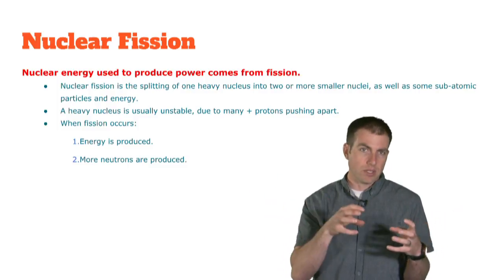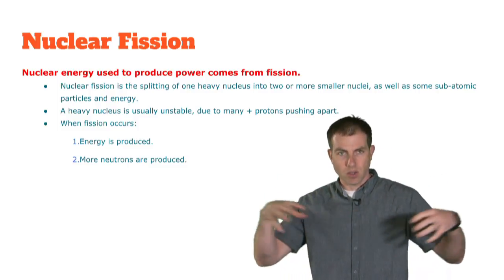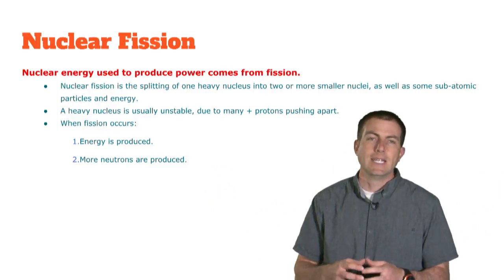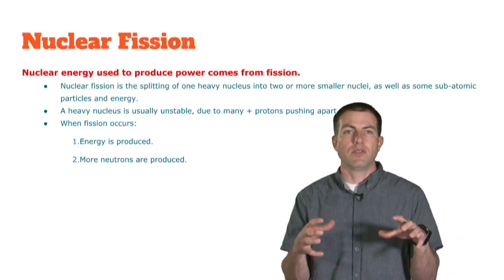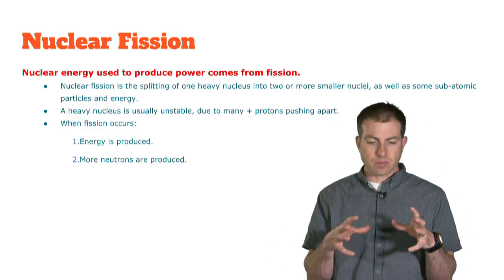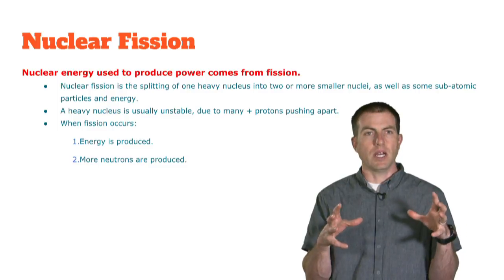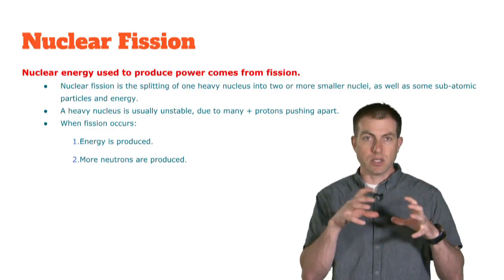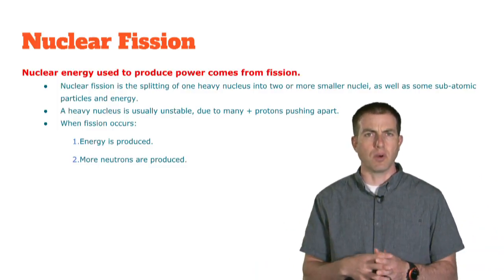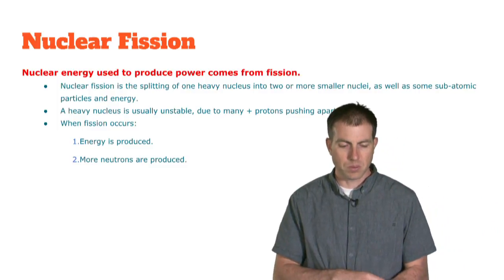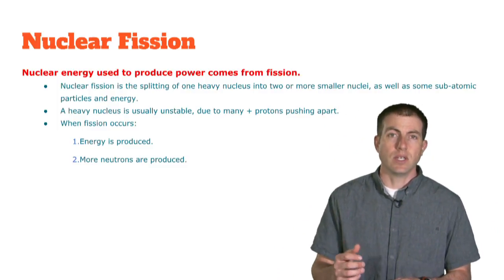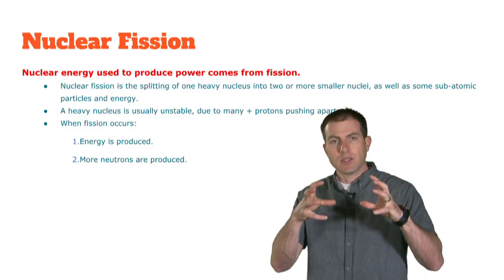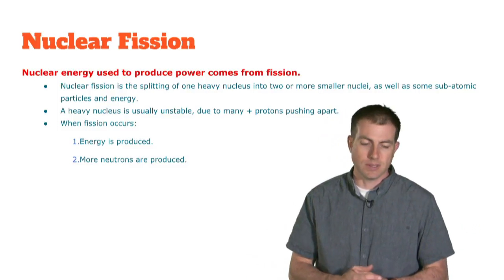If you stick a bunch of positive things together, they're going to want to push away from one another. Once it gets big enough, it just wants to fall apart. It wants to break into two smaller pieces or more than two smaller pieces. And that's what fission is. Fission is a big nucleus that breaks down into two or more pieces.